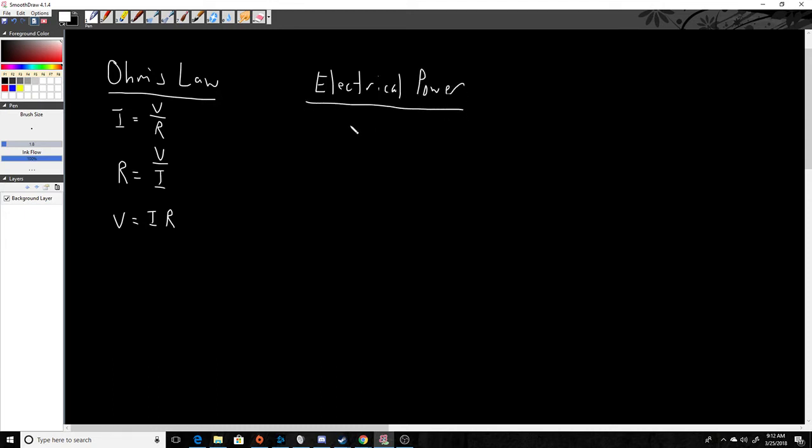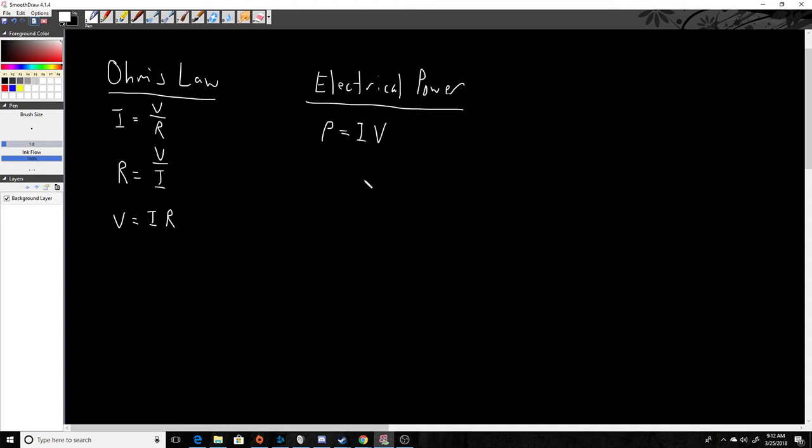The equation for electrical power is P equals current times voltage. Okay, so power is equal to current times voltage.